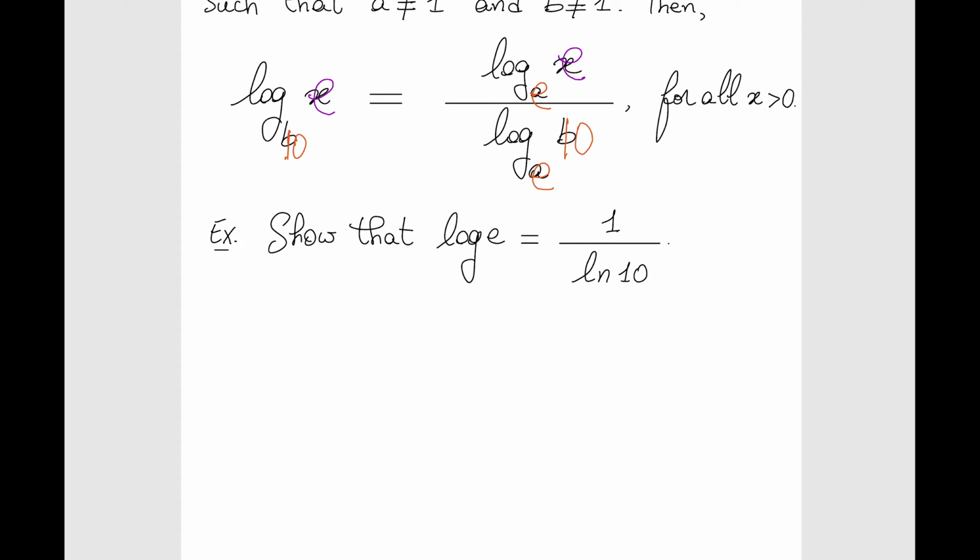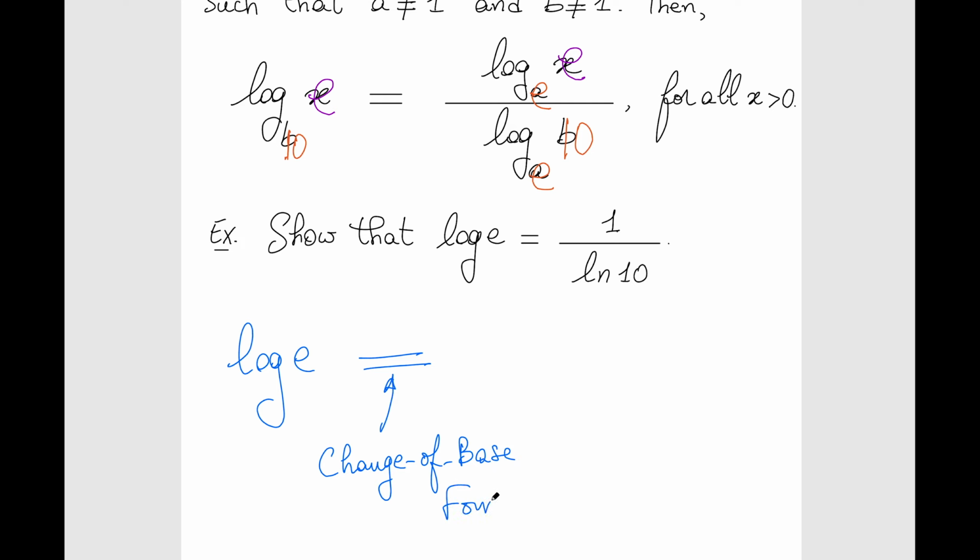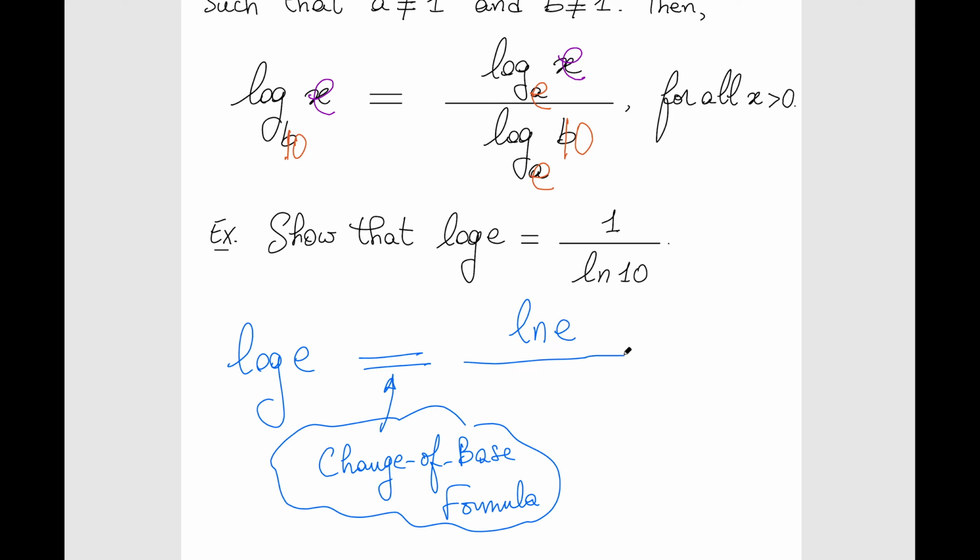So let's write down what we just wrote over here. Let's write it nicely. So log base 10 of e, by the change of base formula above, is the same as, I'm copying, log base e, so ln of e, divided by log base e, which means ln of 10, right?